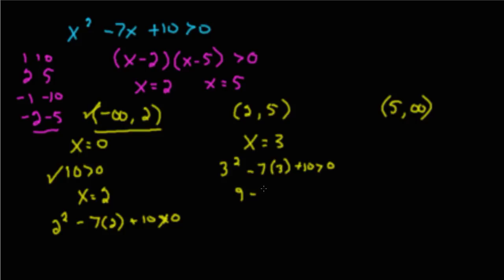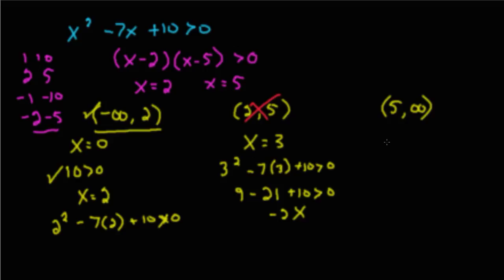Kind of looks like a 27. 21 plus 10. Is that greater than 0? Well, no, because you'd end up with 9 plus 10 is 19, so then that's a negative 2. So that's not in that interval. That interval does not make this inequality true, so that's not going to make that interval true.